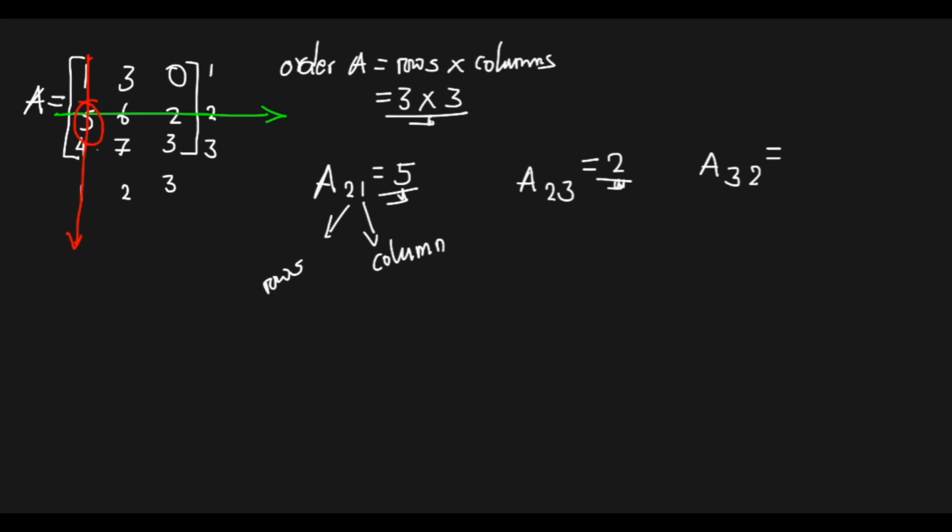This is our third row, and this is our second column. So the number is 7, since 7 is on the third row, second column. So that is how to find the position of a certain number in a given matrix.